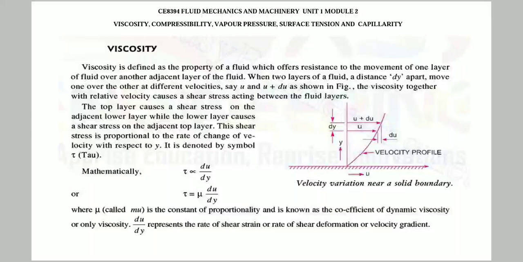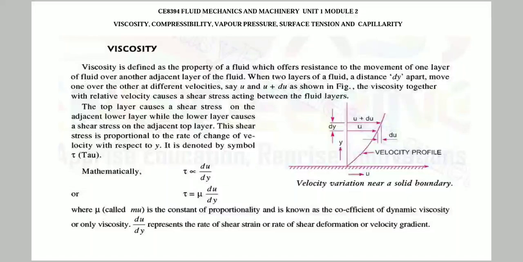When we take two layers of fluid which are at a distance of dy apart, they move over the other at different velocity. The velocity is different at the different layers. Let's say the velocity of one layer is u and the other layer is u plus du.